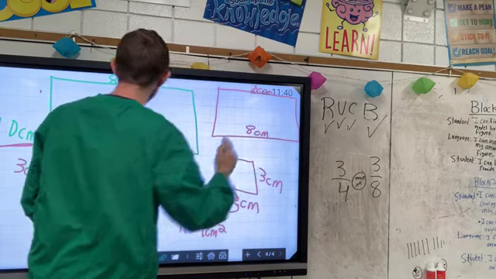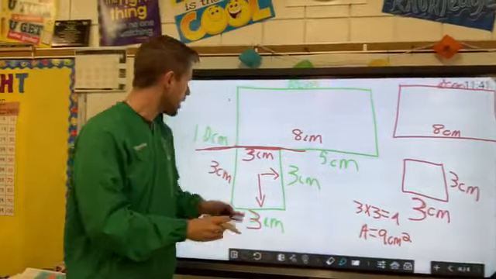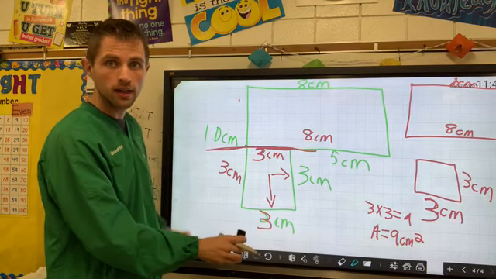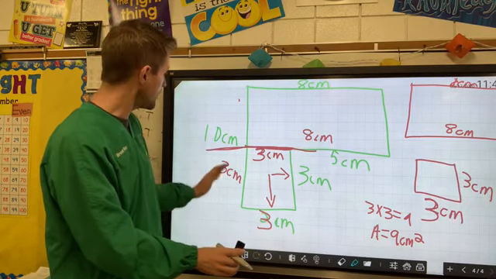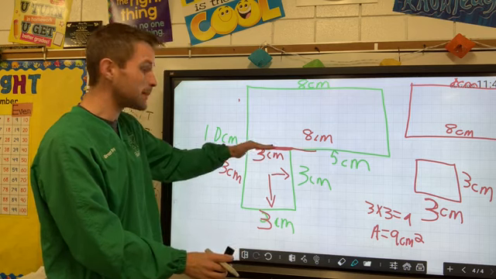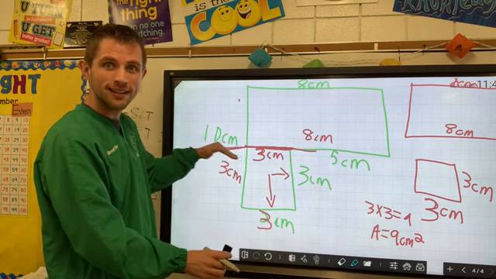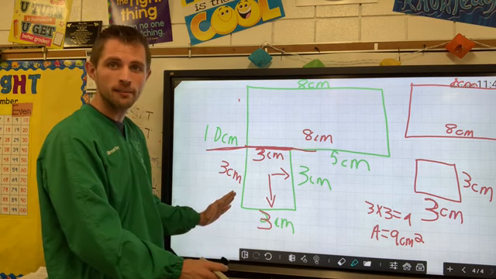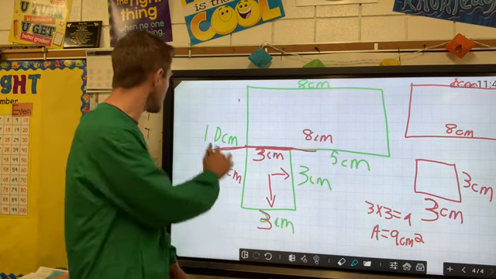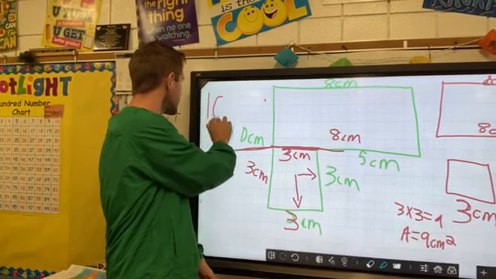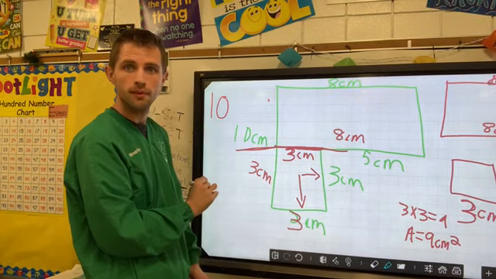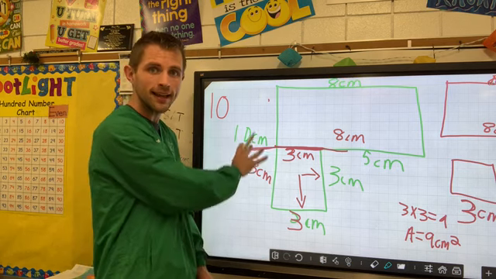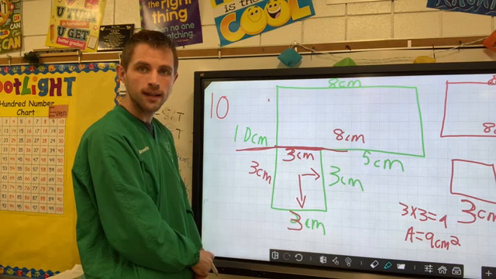Now let's look over here. Our big, huge width used to be what? It used to be 10 centimeters, but then we split it, right? We split it and we said this one was 3 centimeters. So I'm going to take my 10 centimeters, and what am I going to subtract from that? What did I take away from that 10?